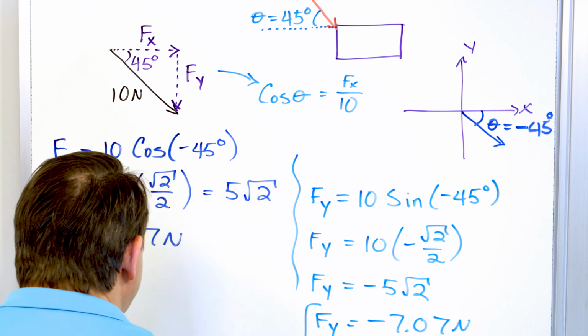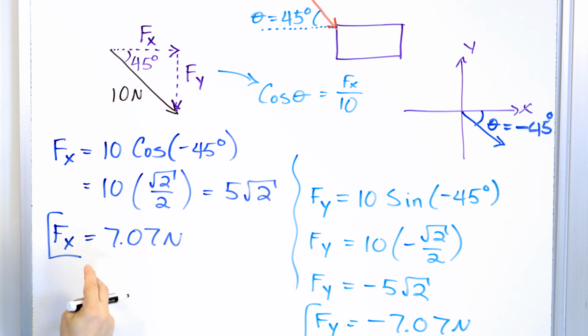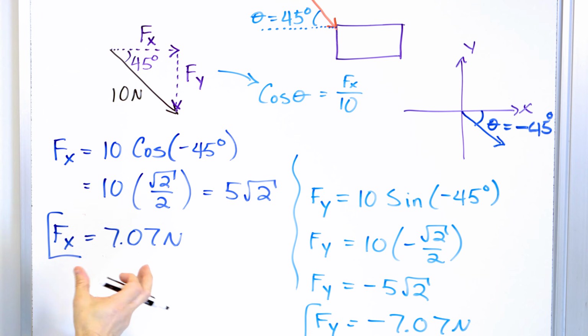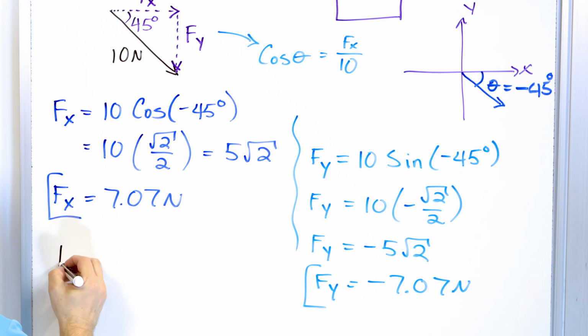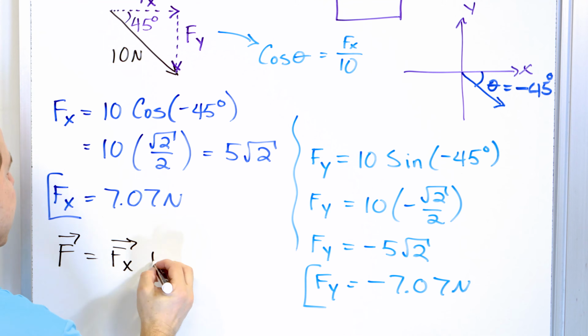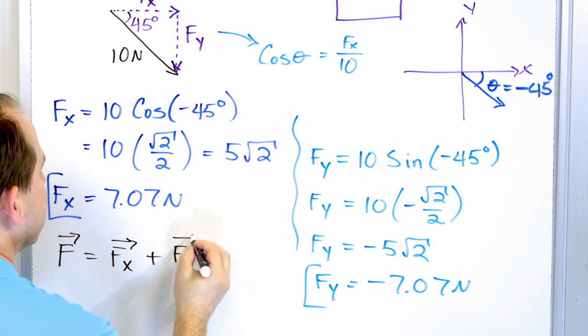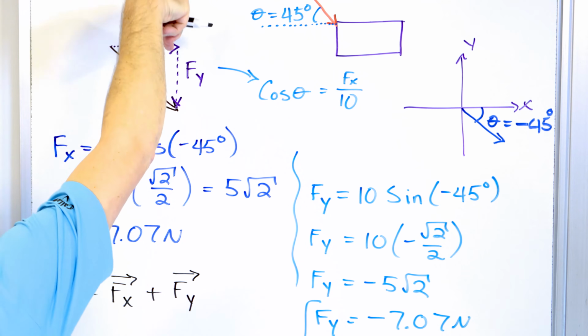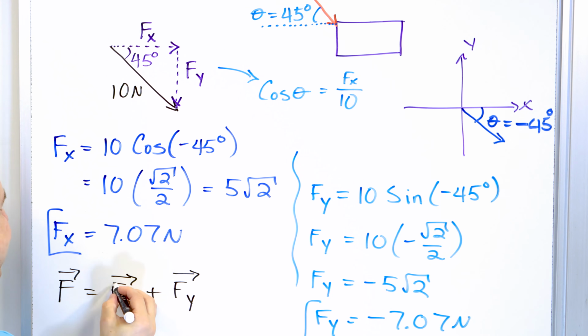One thing that we write a lot in physics is we can say that these are two vectors that could be added together. You can see there's arrows here. So we can say that the total vector was really the x vector plus the y vector, because the x vector acts horizontally, the y vector acts vertically, but we add them together and we get the total force.